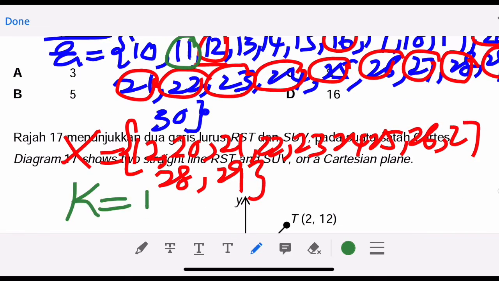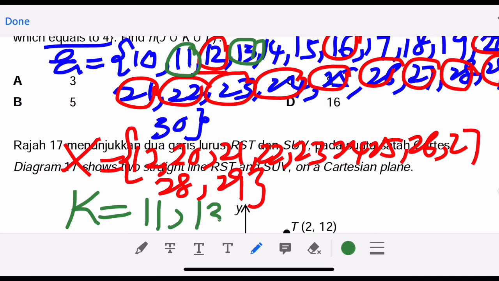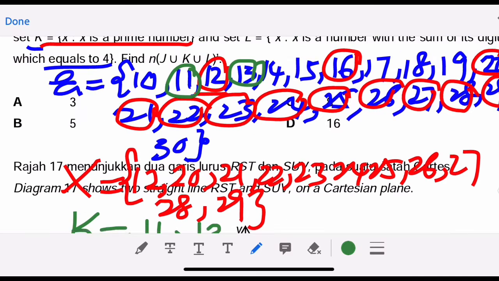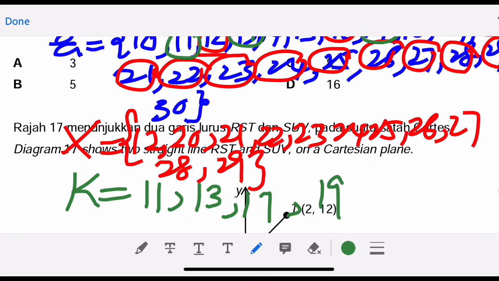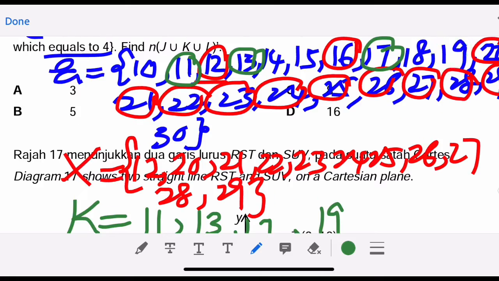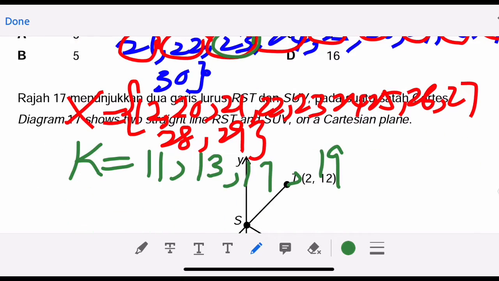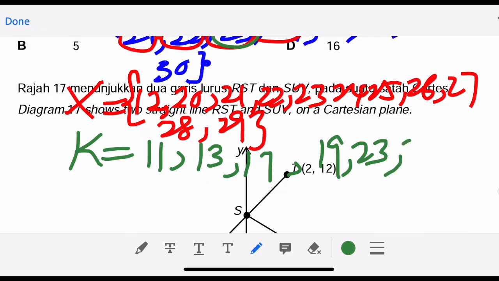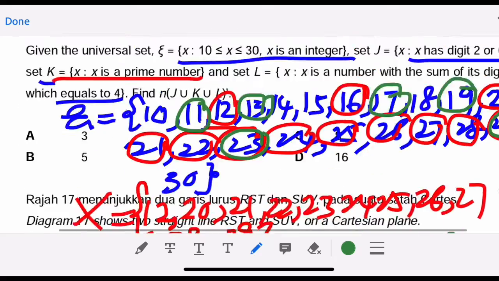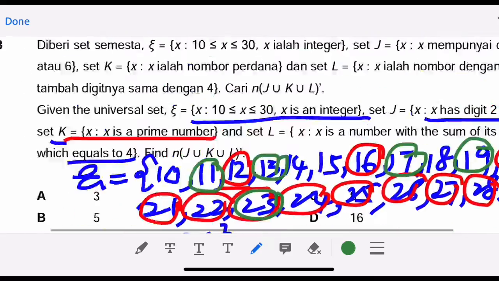K is 11, 13, 17, 19, then 23, right? And then 29, right? 29. Other than that, not a prime number. Okay, these are the prime numbers.